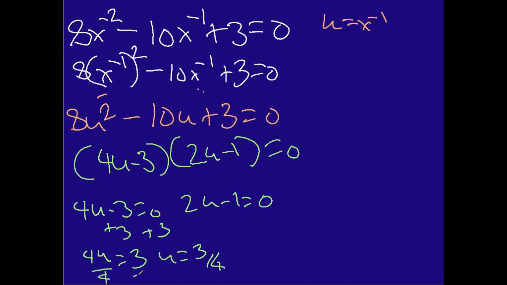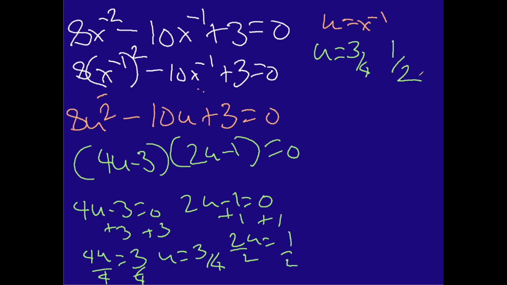Because I divide by 4, that's what I'm left with. So dealing with this guy right here, 2u, so plus 1. 2u equals 1, divide by 2. So u in both these situations, u equals 3 over 4, and the other answer is 1 over 2.